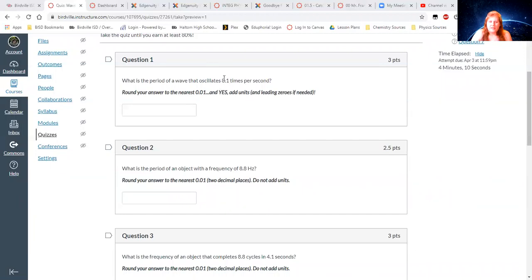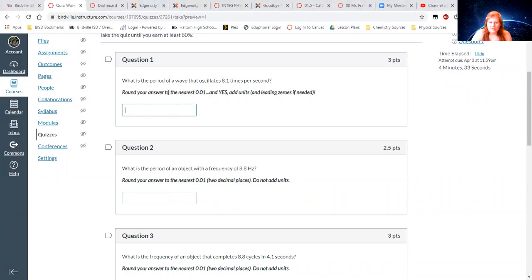So all you have is how many oscillations or how many cycles and per second, so 1 second. And if you go back to your notes, you'll see that one of your options for finding period is number of seconds divided by number of cycles. So you will take 1 second divided by 8.1 cycles.